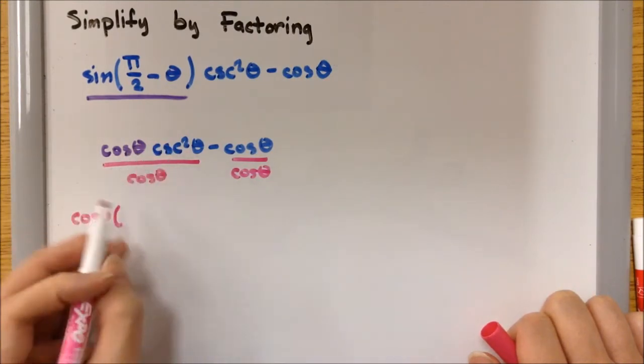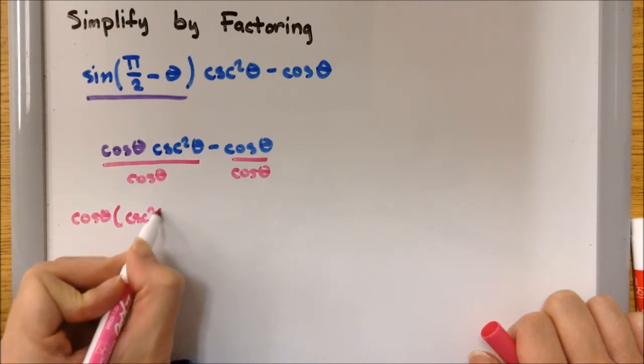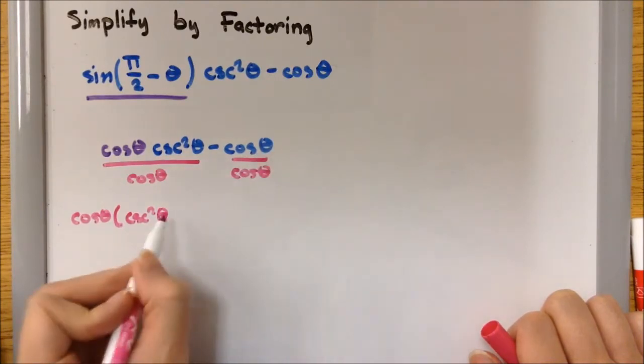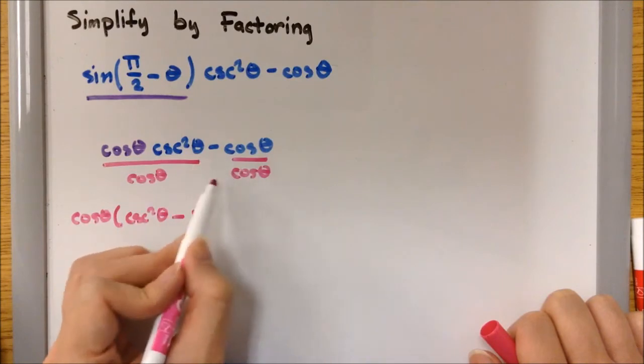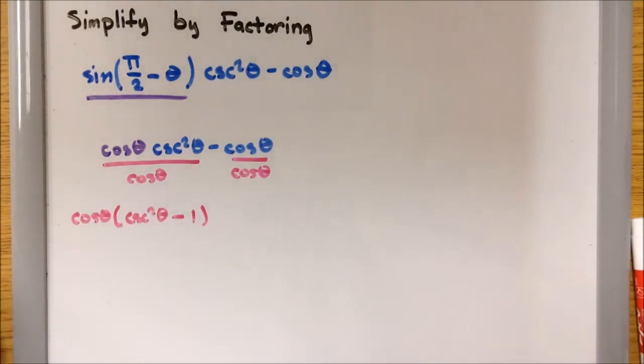When I divide this, I'm left with cosecant squared theta, and then minus cosine theta divided by cosine theta will be minus 1. So again, my common factor that I factor out is on the outside of the parenthesis.